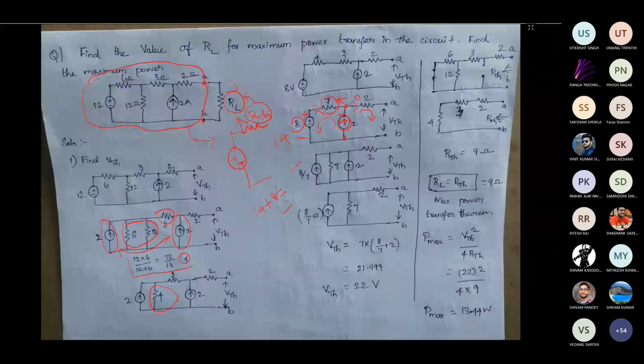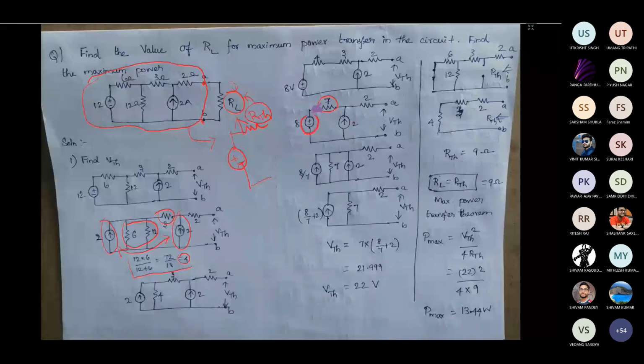Because you can see that the resistor with the voltage source is in parallel with the current source. Let me tell you again. This 7 ohm resistor is neither in series nor in parallel with this 2 ampere source.